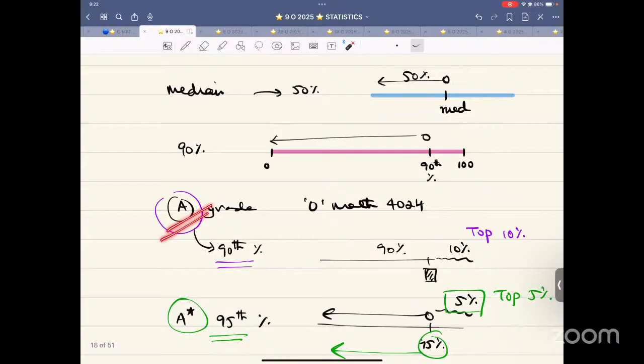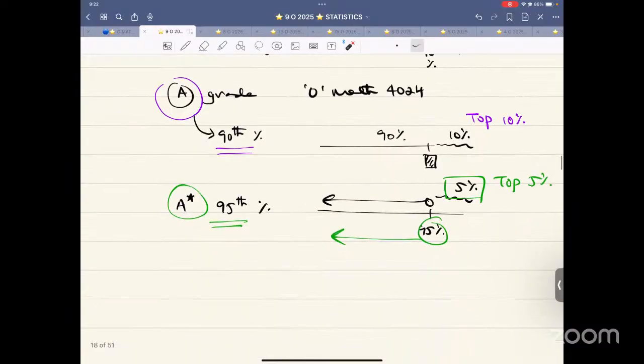So if your A grade is on the 90th percentile, that means 90% of people are scoring below this. You belong to the top 10%. And A star is on the 95th percentile, so 95% of the people are scoring below this. You are in the top 5% if someone scores an A star.